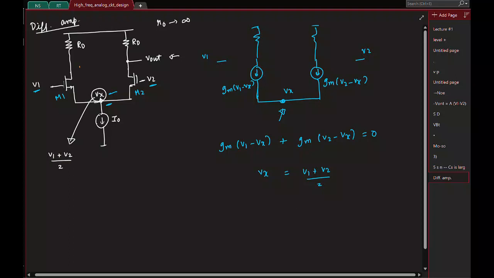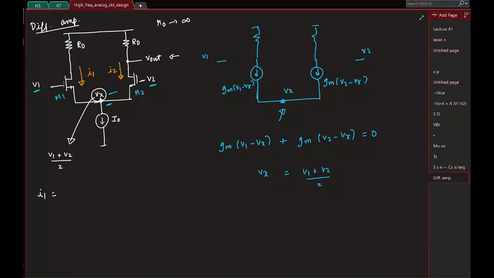So what is the small signal current I1 here and small signal current I2 here? What is I1? No, why is it Gm by 2? No, small signal current through M1 is Gm times the gate to source voltage. That's all, right? So Gm times gate voltage is this, source voltage is this.